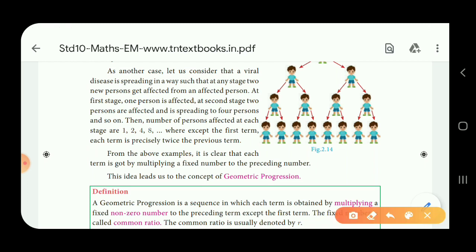Another case, let us consider a viral disease.